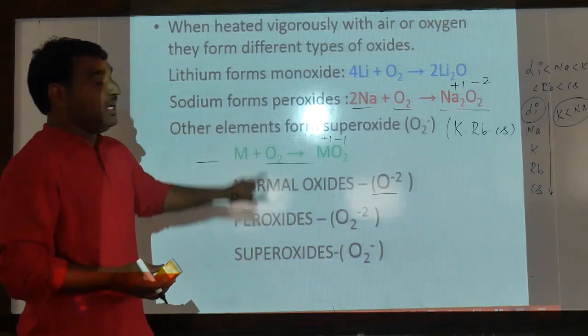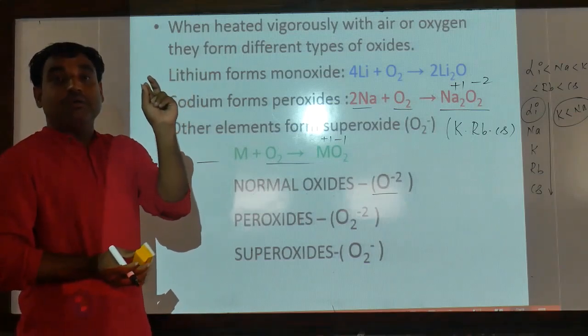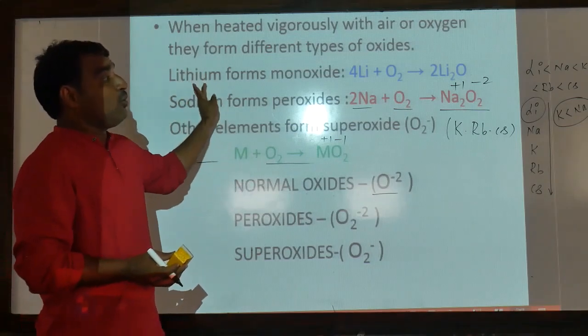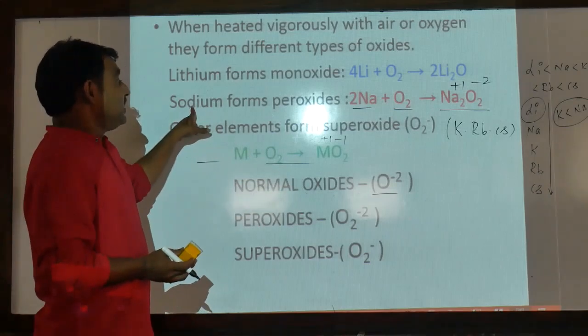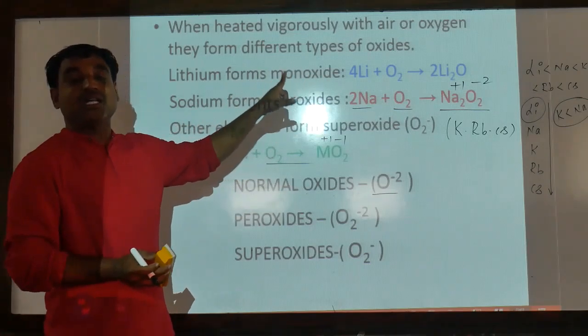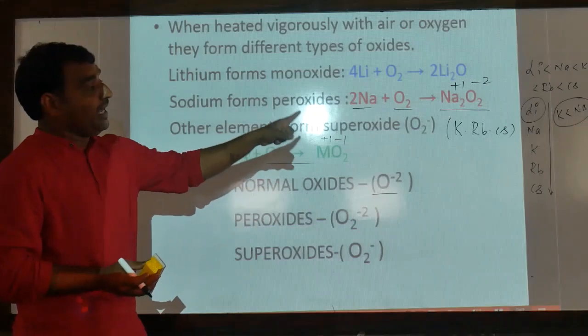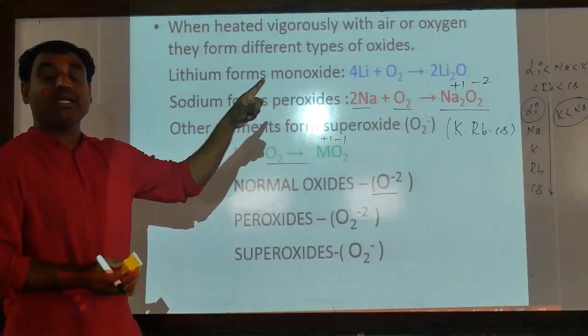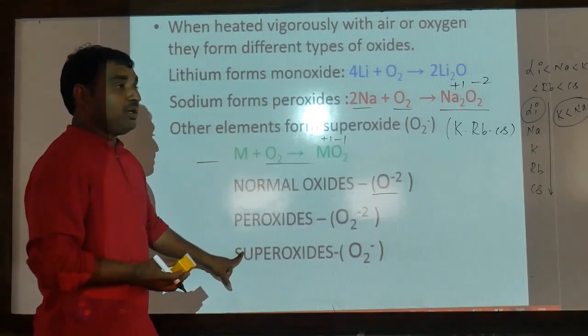Point to be noted: lithium is the only metal in the first group which will form the monoxide. Sodium will form the peroxide. Other than sodium, potassium, rubidium and cesium will form the superoxides.